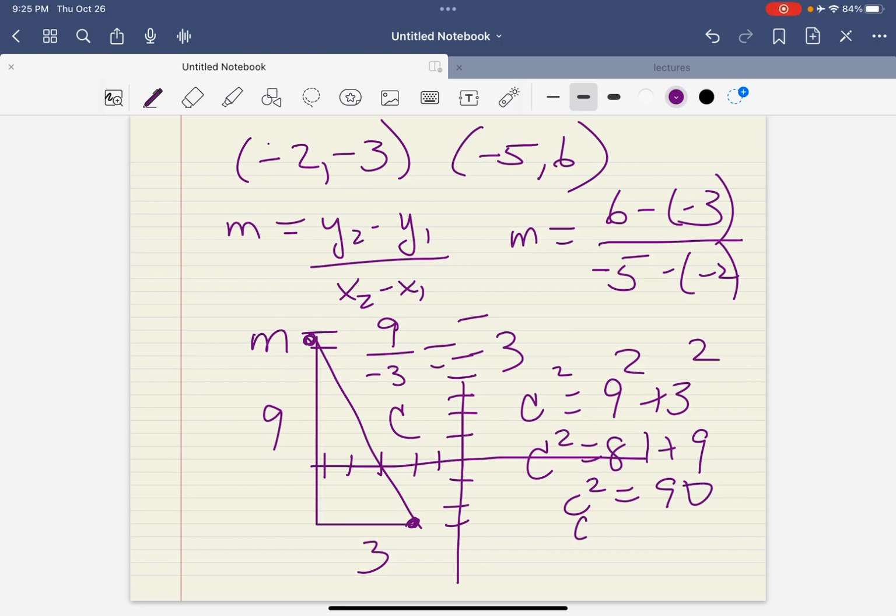So when we take the square root of that, that's 9 times 10. So c is going to be 3 times the square root of 10. Now, was there anything else with that? Nope, that's that one.